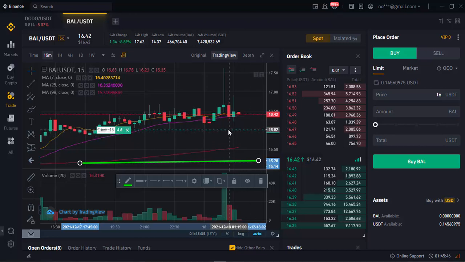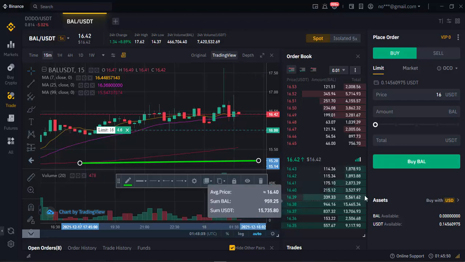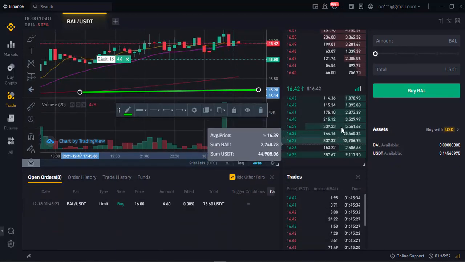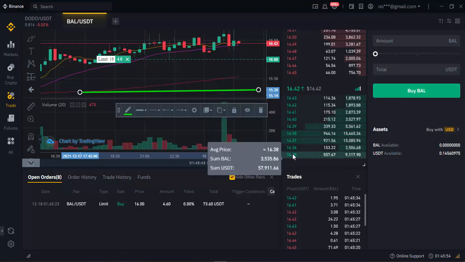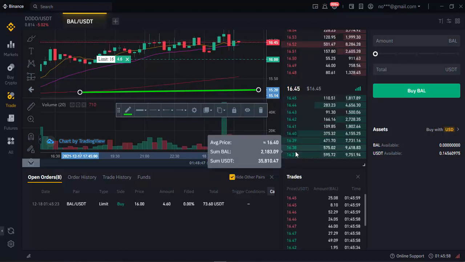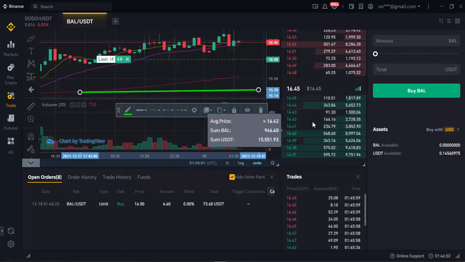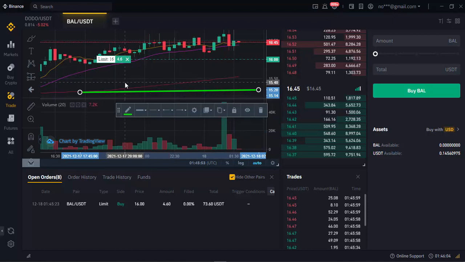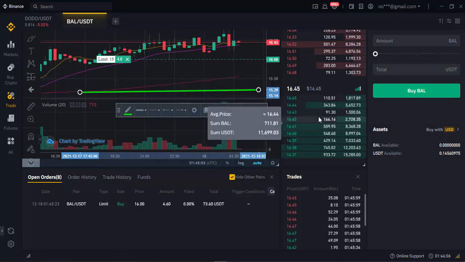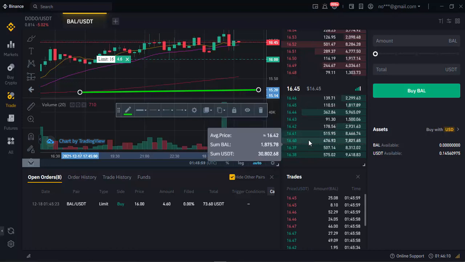Your order is patiently waiting to be executed. It's inside the order book, but since the order book here stopped at 16.38 and keeps on changing, you won't see your order here. But we are going to change it from $16 to 16 point something dollars, so we see a recent or current price that is going to display here.